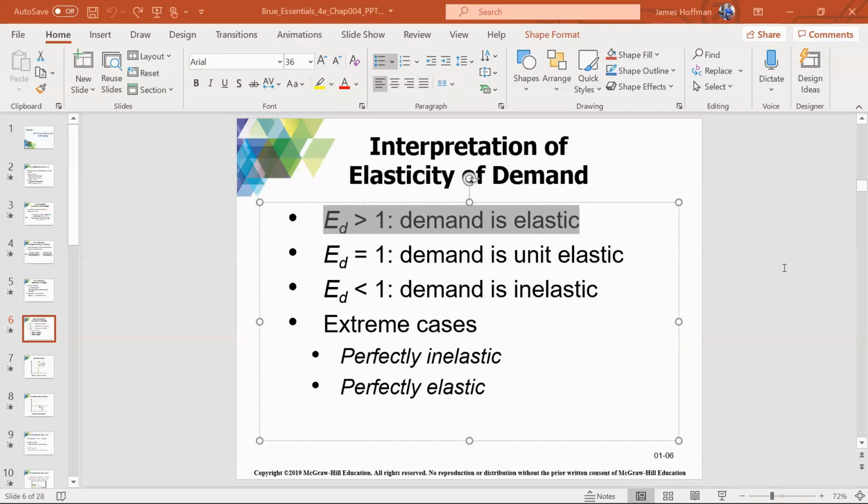Goods that are more elastic, or if you're in the elastic region, you can quantify those. That's why I like to say that something is relatively elastic, meaning it's mostly elastic, because there are still some parts of the demand curve that are inelastic. But let's stick with elastic or relatively elastic.